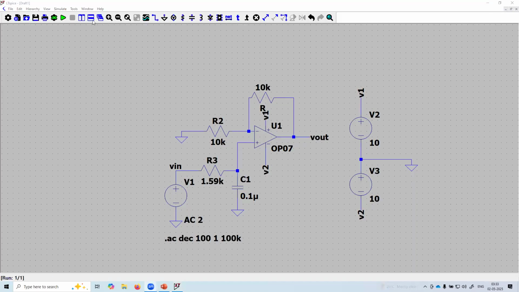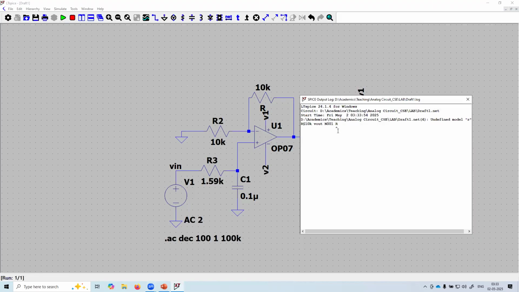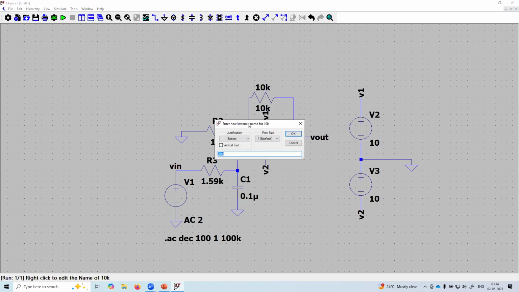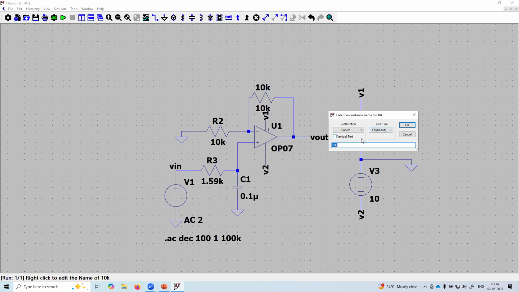Yes, I'm getting an error. So we have done some mistakes here. I have to keep the value of resistance 10K here, and this 10K will be named as R1.